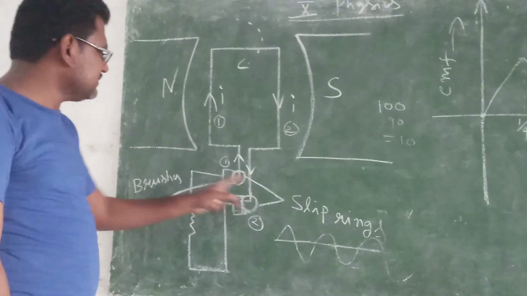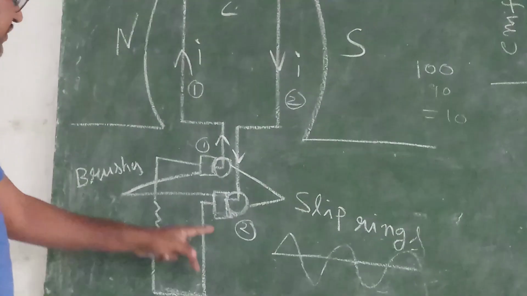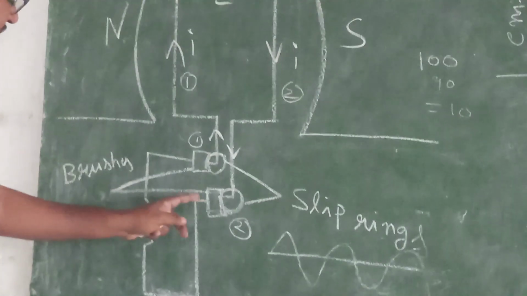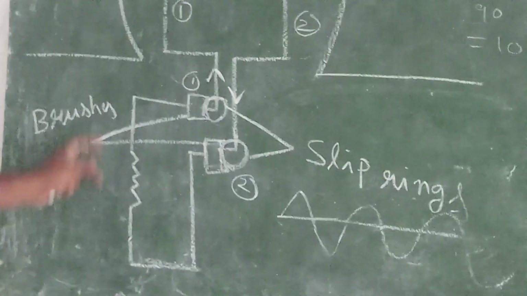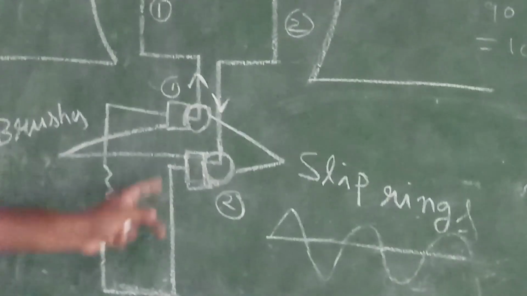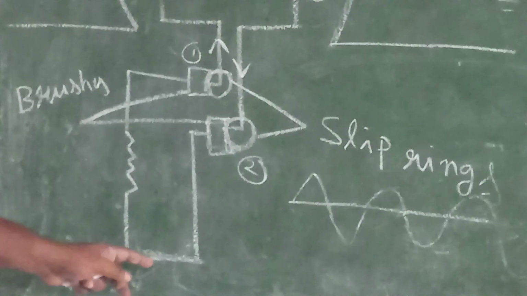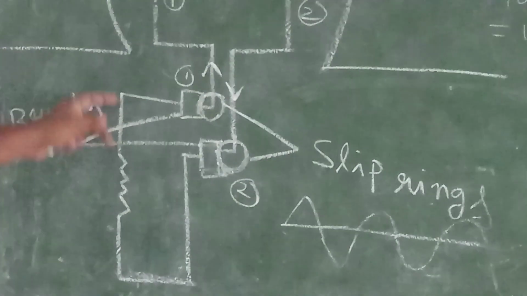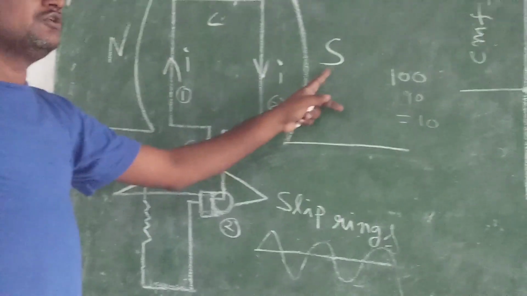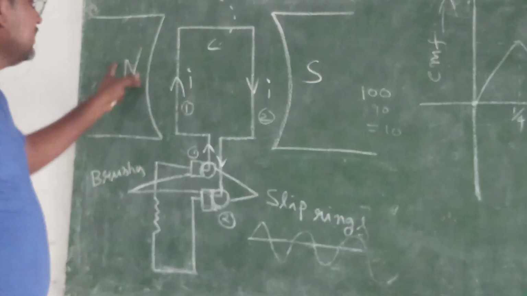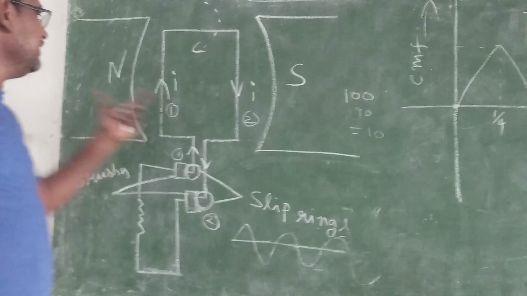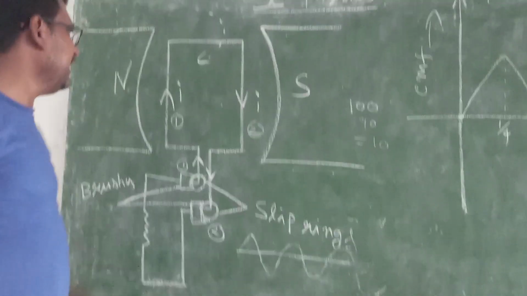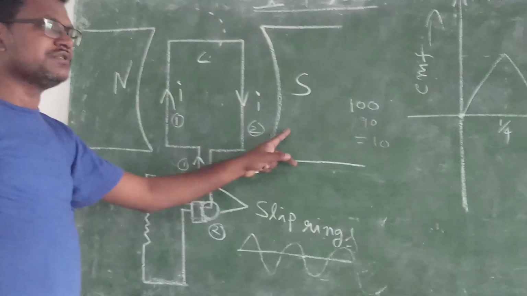Here there are two slip rings, and these two are brushes, and this is the external circuit, the external wire, through which current is supplied to consumers. And here there are two poles of magnets, a north pole and a south pole. They create a uniform magnetic field between these two poles.